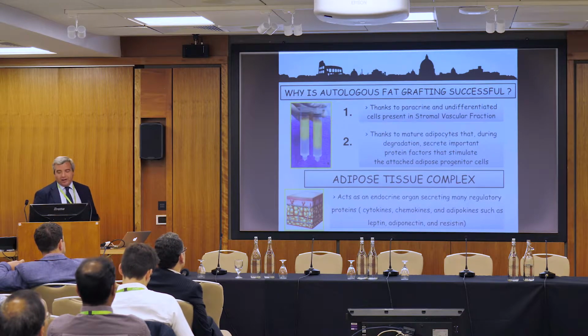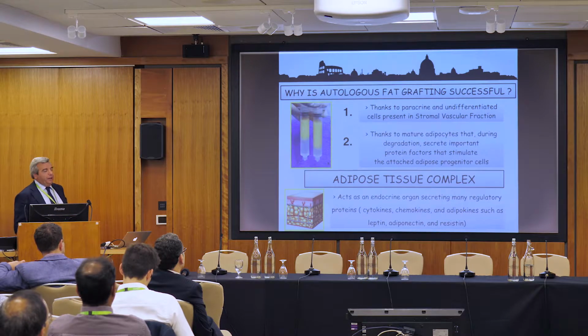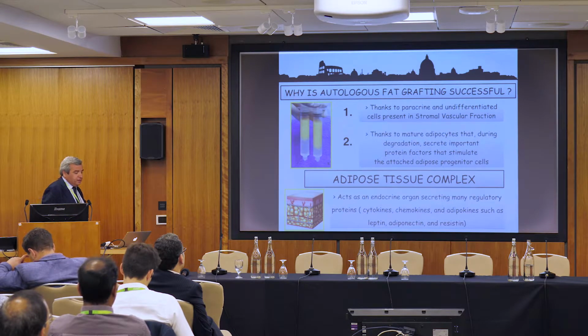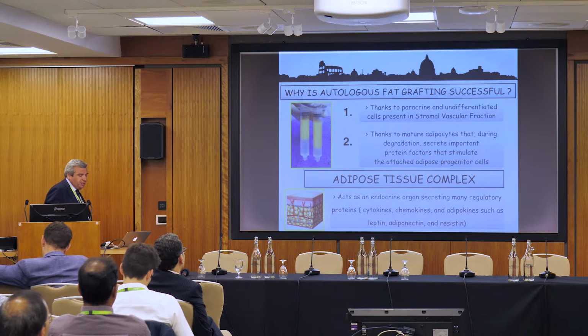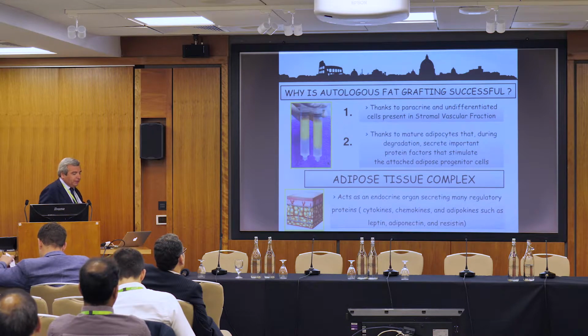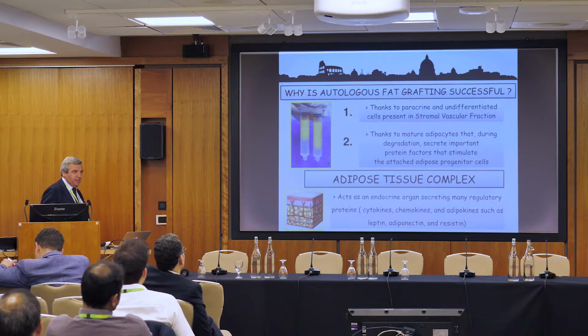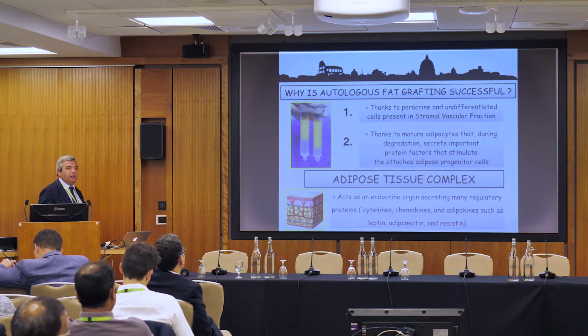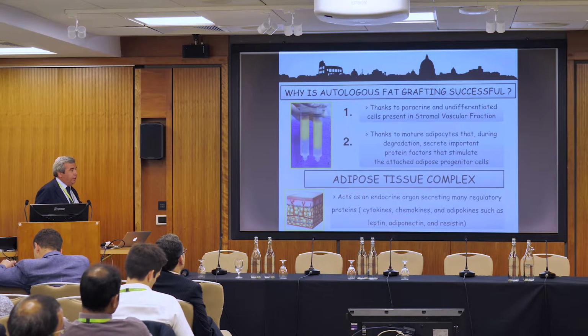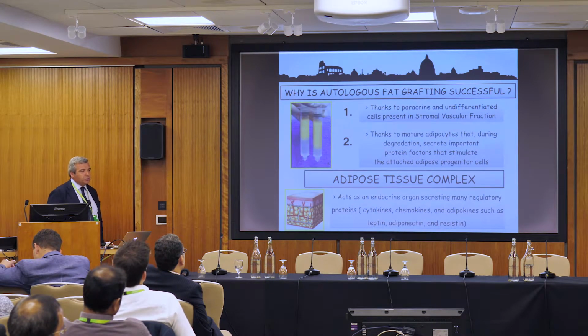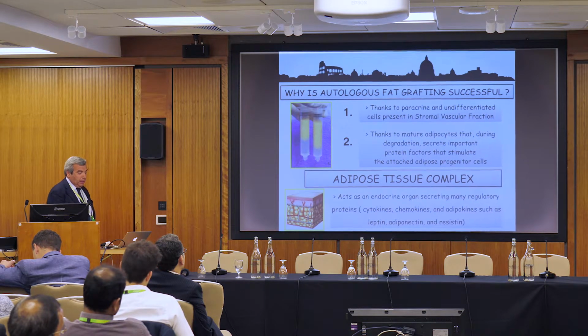Because we have the paracrine and undifferentiated cells present in the stromal vascular fraction, and then thanks to the mature adipocytes, that during degradation they secrete important protein factors that, as we've seen yesterday, stimulate the attached adipose progenitor cells. So we have to start thinking of adipose tissue as a real organ, as a real endocrine organ, and so it will be called the adipose tissue complex.